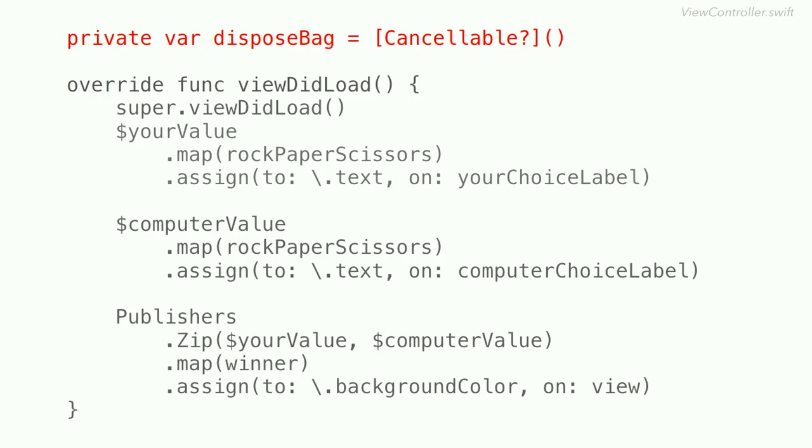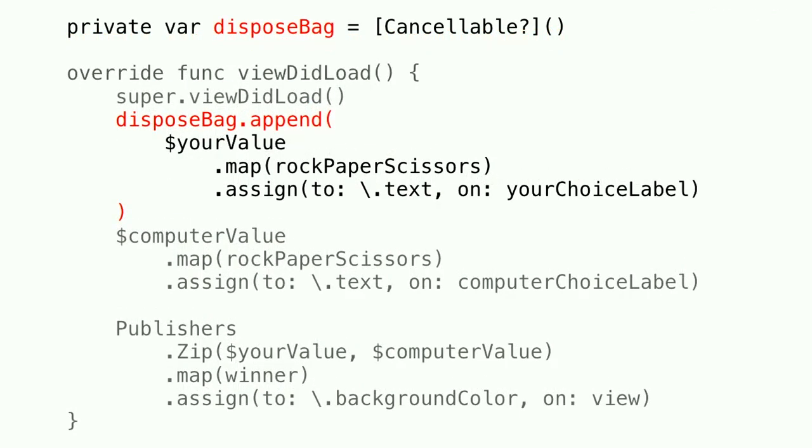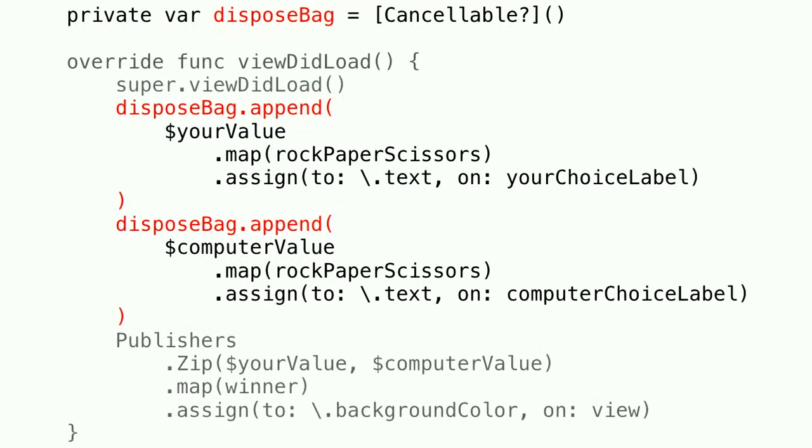So people keep saying there is no dispose bag in Combine. So I've called this dispose bag. And it's an array of subscribers. And so what I've done here is I've said, look, dispose bag, put this first subscription in it. Dispose bag, put that second subscription in it.